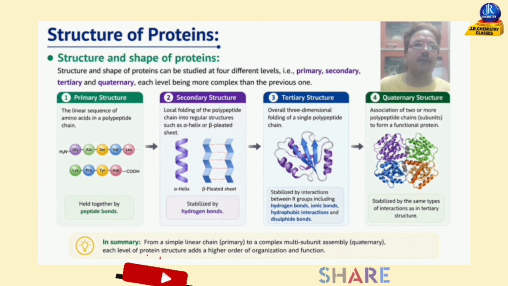Structure and shape of proteins. Structure and shape of proteins can be studied at four different levels, that is primary structure, secondary structure, tertiary structure, and quaternary structure. Each level being more complex than the previous one.